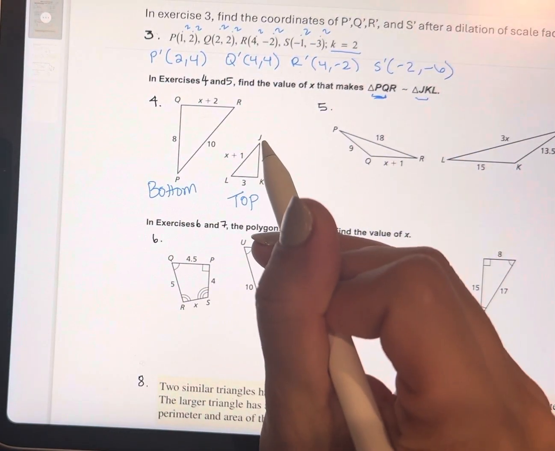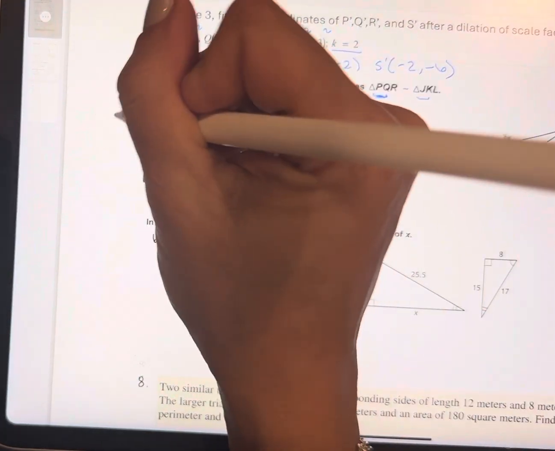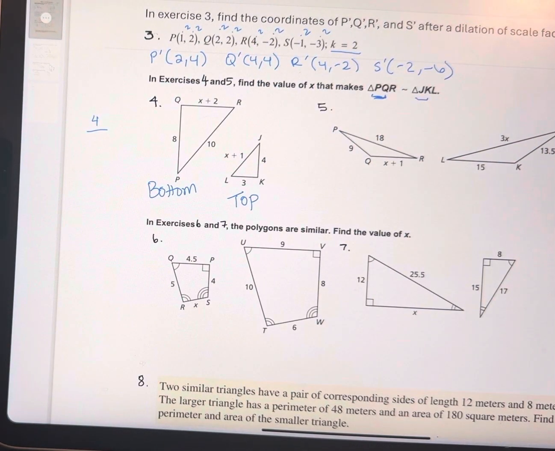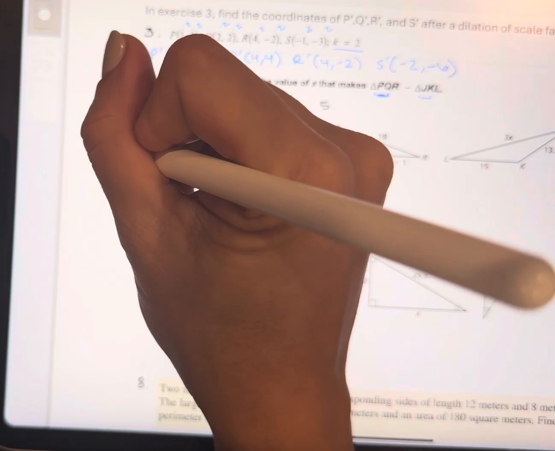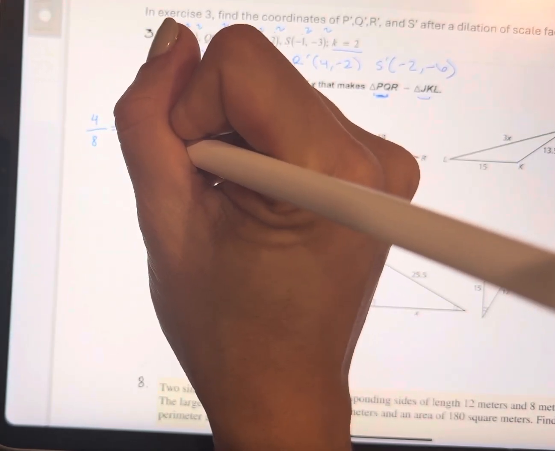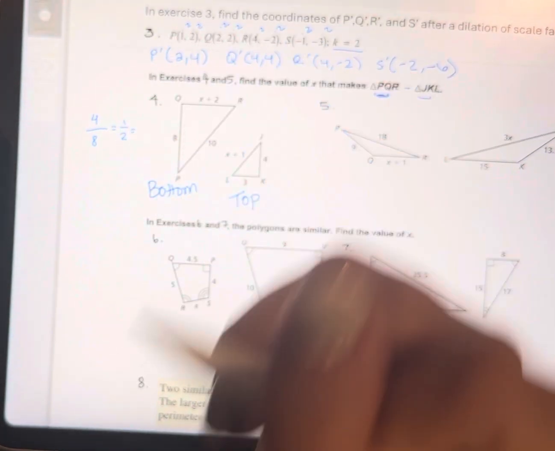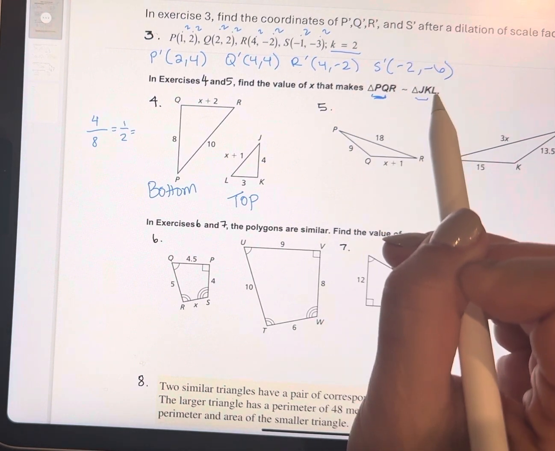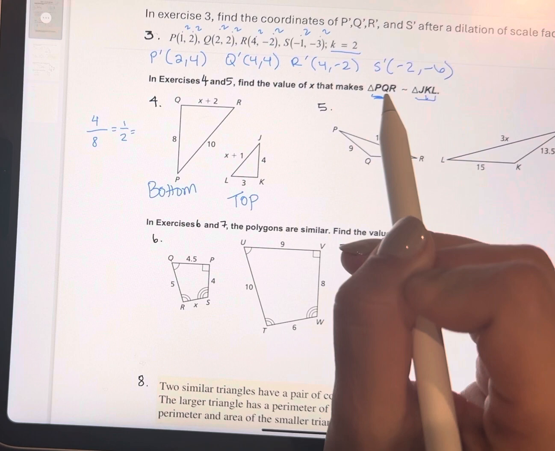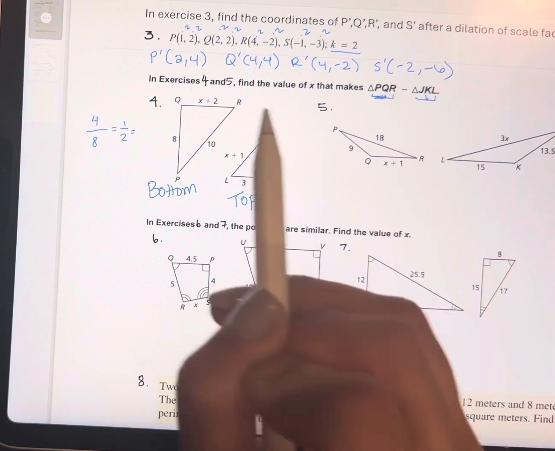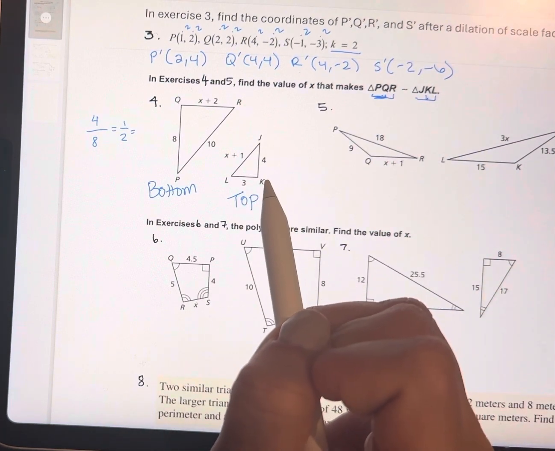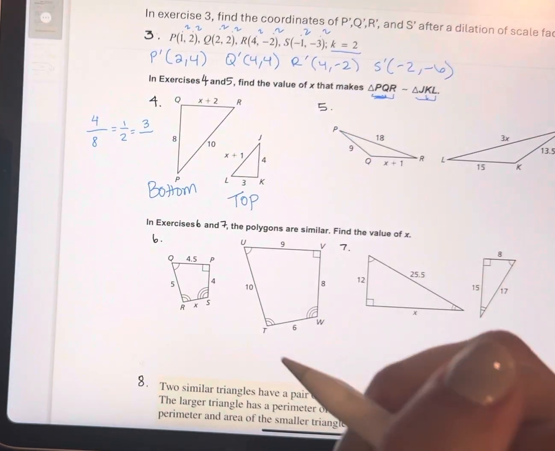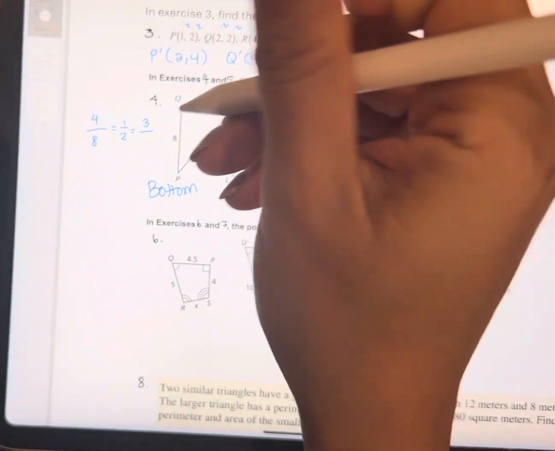So JK is 4 over PQ is 8. This reduces to 1/2. Then I can set this equal to, let's say, KL over QR. KL is 3 over QR is x plus 2.